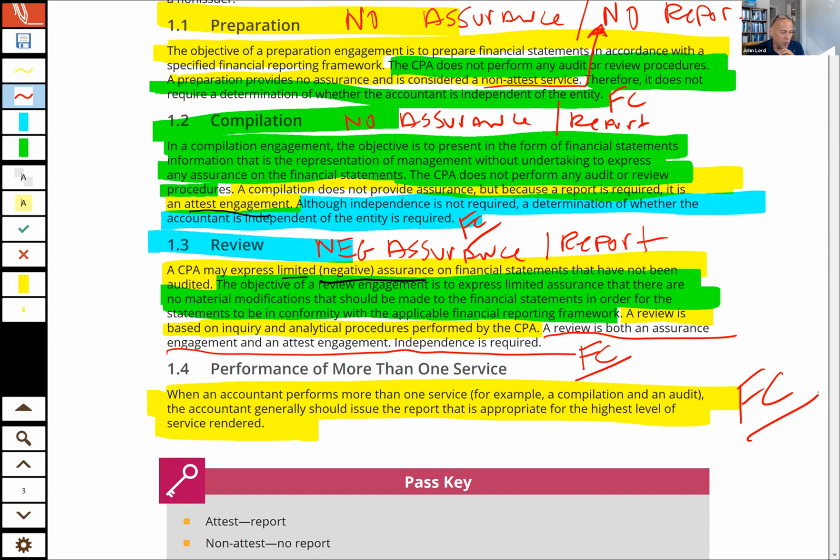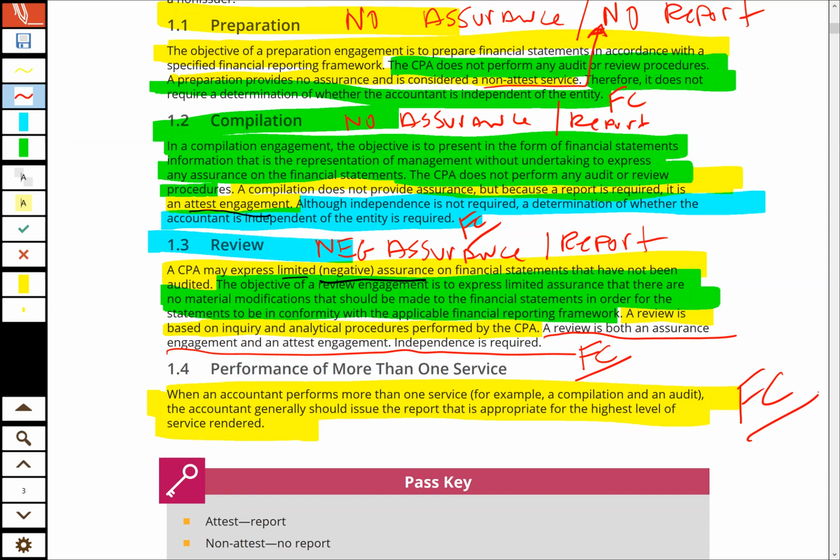Of course, you would have all of that in the engagement letter to begin with, that you're going to do this and then you're going to go this step further and they accept responsibility for the financial statements. There's a contract to that, then you can provide more than one service in an engagement. But your audit report has to cover the highest level of service you provided.